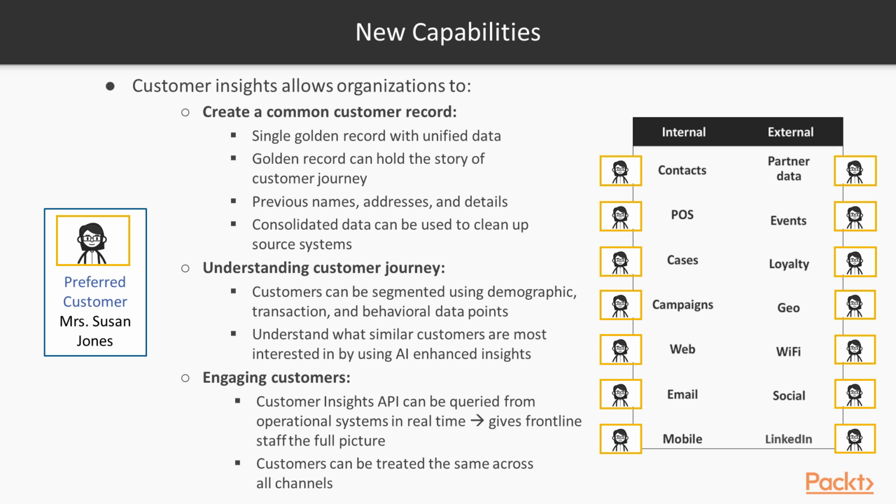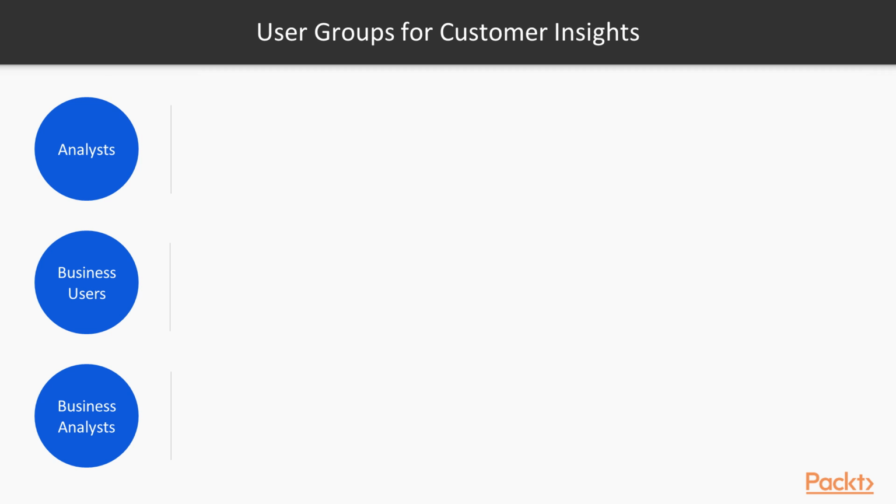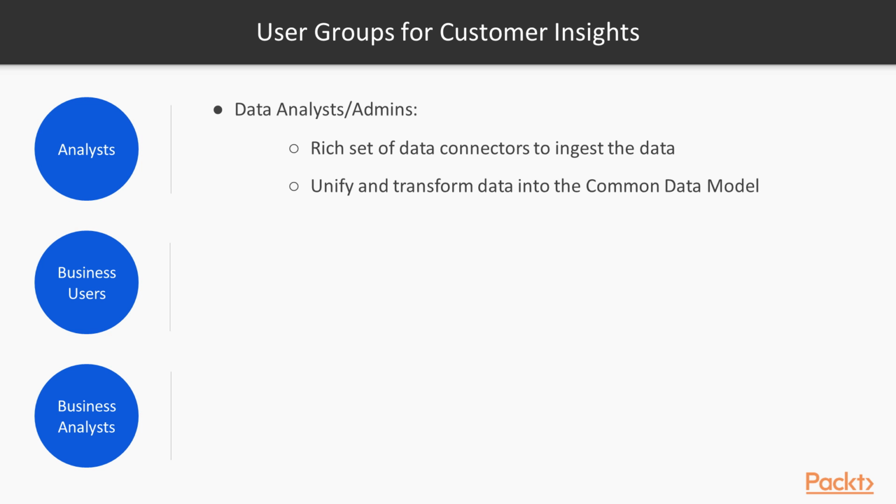Customer Insights can be accessed via its API, and that can be queried by operational systems in real time. So that really puts the frontline staff in a situation where they get the full picture of the customer. In terms of user groups for Customer Insights, there are 3 main categories. First of all, we have data analysts and admins, and they're going to be interested in the rich set of data connectors that we can ingest data with and how we can unify and transform that data into a common data model.